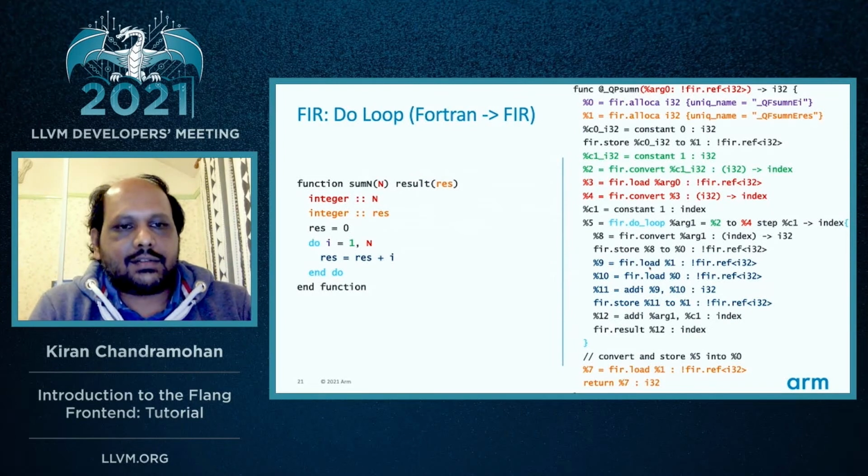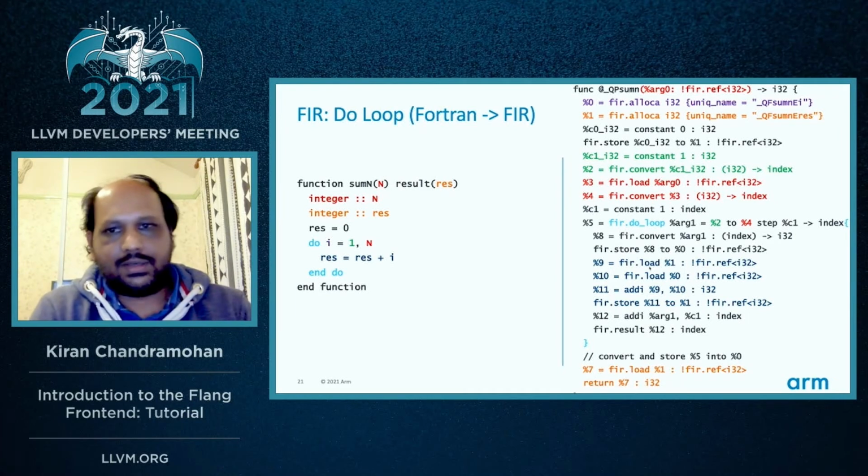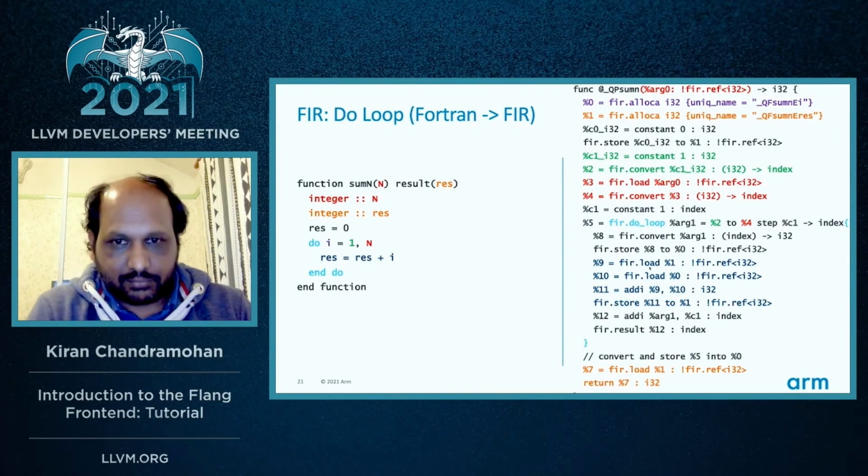Basically, this function has a do loop which iterates from 1 to n and accumulates the sum of the first n numbers from 1 to n. I've used matching colors to match the representation on the left hand side and the right hand side, so that it's easy to go from the source code to the FIR code.